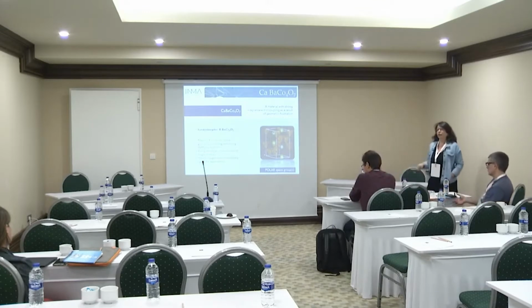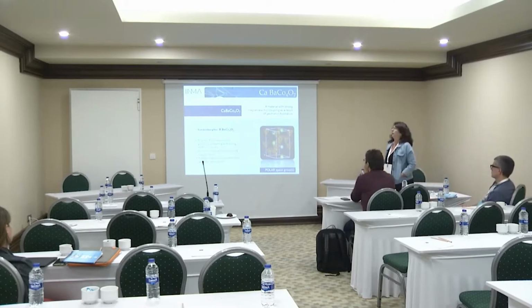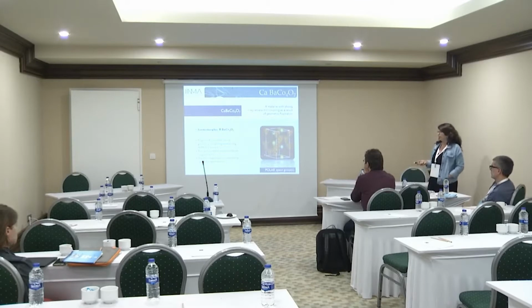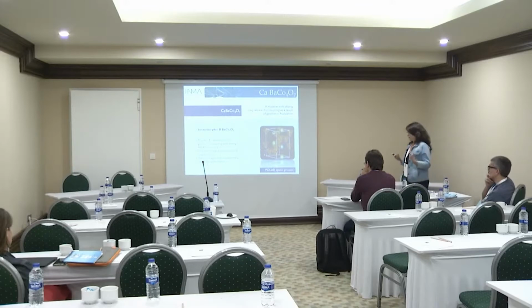Usually you find octahedra, or a mixture of tetrahedra and octahedra, but a purely tetrahedral environment is difficult to find, and this compound presents that. And in addition, as I will show you later, it presents a geometry formed by triangular layers or kagome layers, which lead to a strong frustration of the very strong antiferromagnetic interactions between the cobalts.